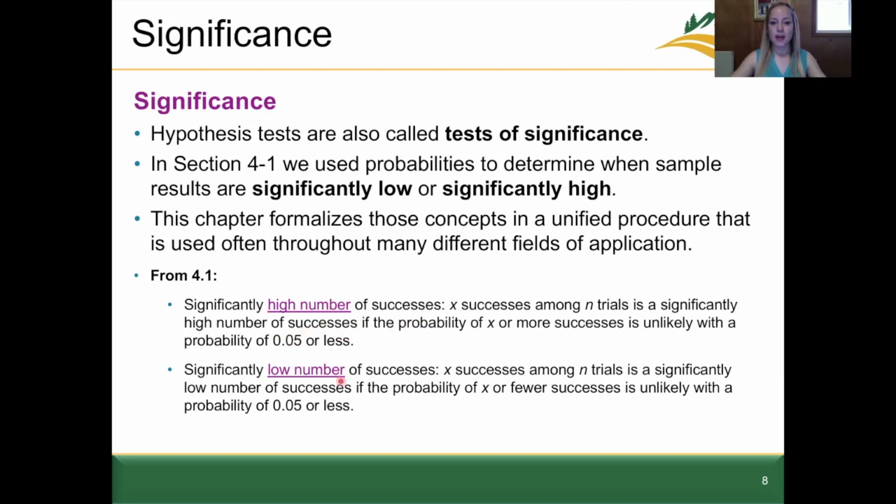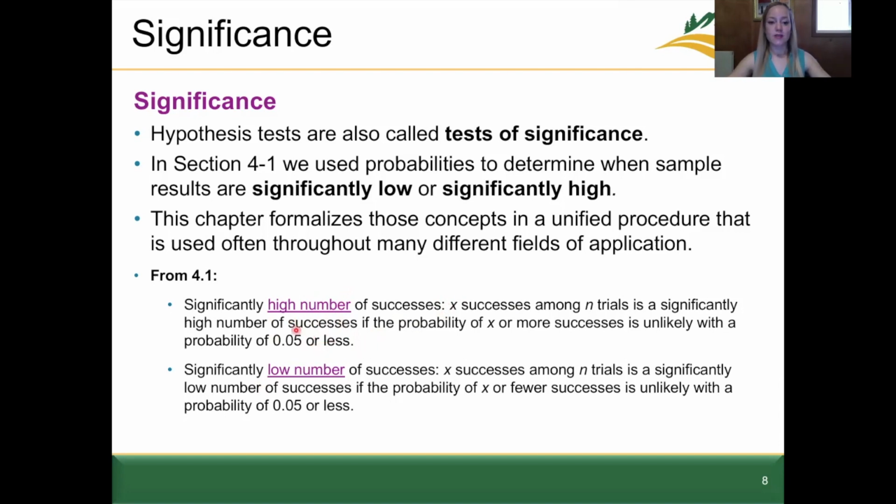If we went through the process of finding the probability and it was less than or equal to 0.05, then we said that that number of successes was significant. Depending on what X value we were using, we could then say whether that was a significantly low number or a significantly high number of successes. It just depended on the total number of successes we were looking at and our specific X value here. So again, what this came down to was finding the probability of that certain situation.